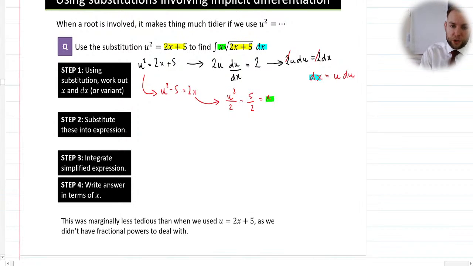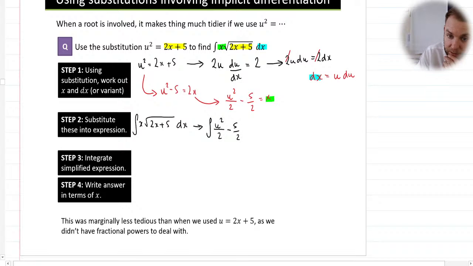Okay, so let's substitute in. So I've got the integral of x root 2x plus 5 with respect to x. Let's substitute all those values in. So it's going to be the integral of x, which is u squared all over 2 minus 5 over 2.